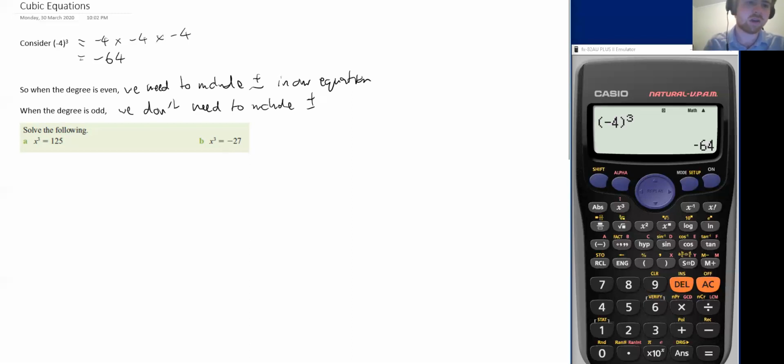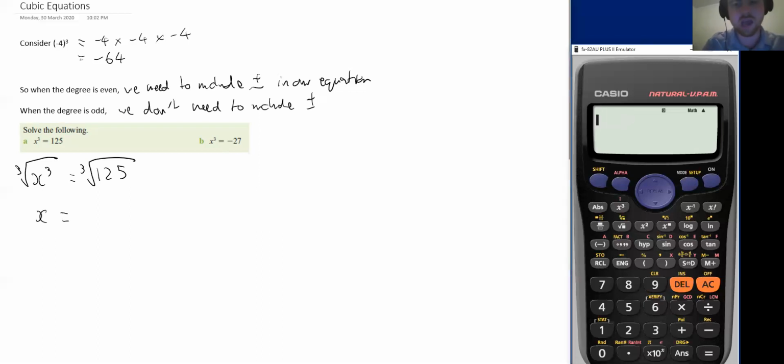Okay, so there's a little bit of background before we dive into today's examples. So firstly, we're going to solve the following. x cubed equals 125. We just have to do the opposite operation, that is the cube root, to both sides to find what x is. So if we show this out in full for this first example, we're just cube rooting both sides, which equals x.